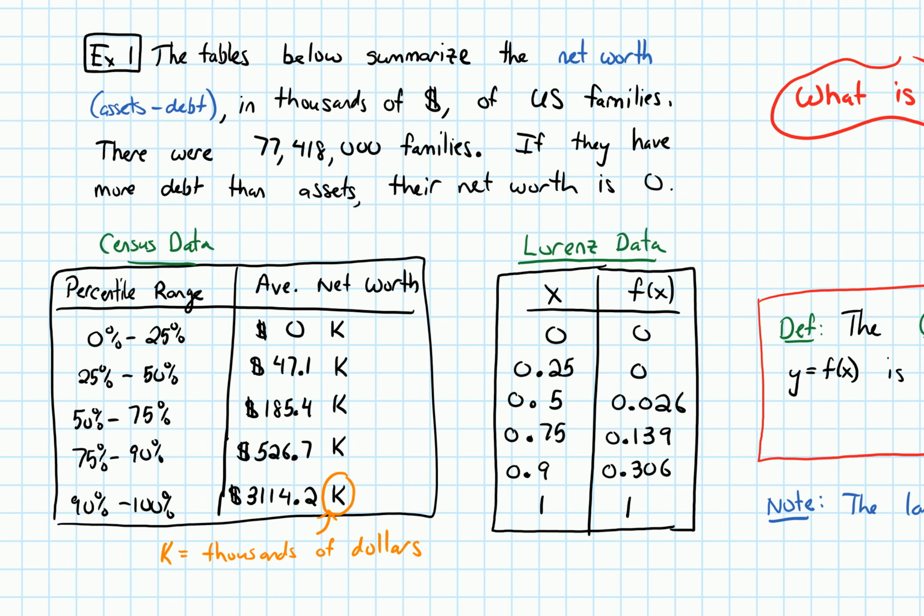So we can see that as we go down this table, we're talking about families with more and more net worth. The bottommost row is talking about the top 10% of families in terms of net worth.